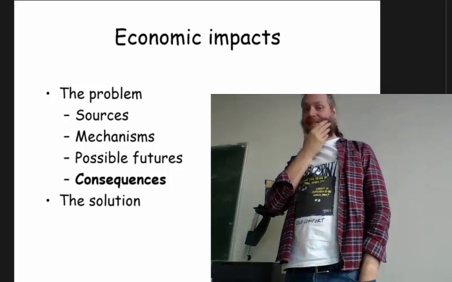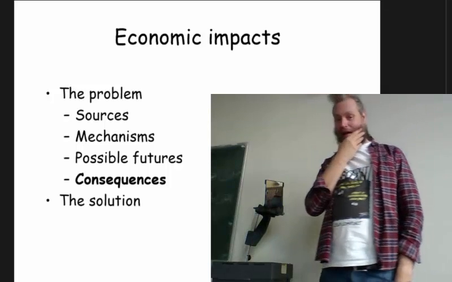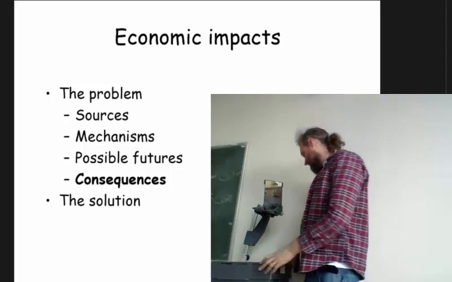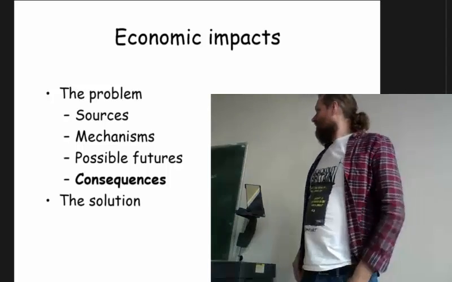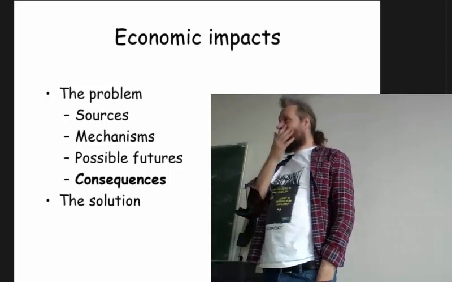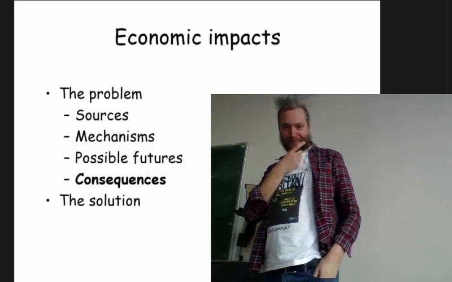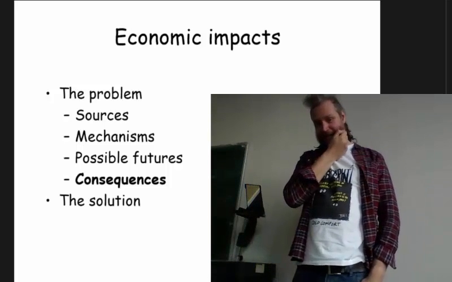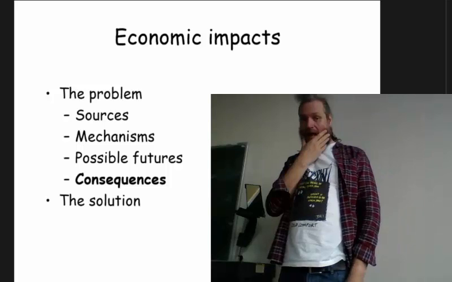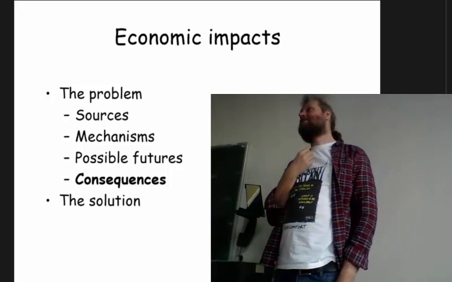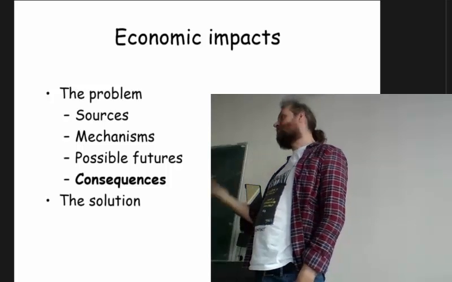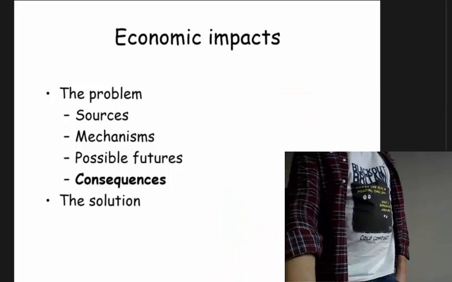I talked yesterday morning about the impact of climate change in a sort of more physical, biological way. I also talked about economic valuation methods, and now I'm going to apply this stuff to the economic impact of climate change.